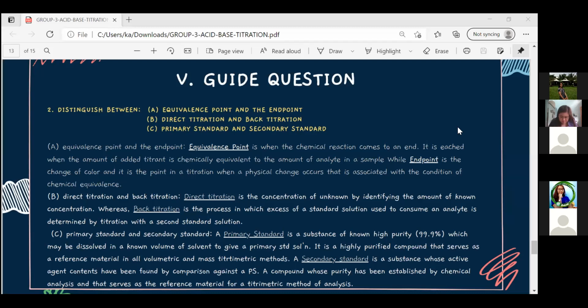Kung saan matatapos yung reaction, doon mo ilalagay yung point, and di rin always basihan ang pag-change ng color na may reaction na nagaganap sa mixture. Unlike sa endpoint, like if indicator changes the color, yun yung endpoint na yun.